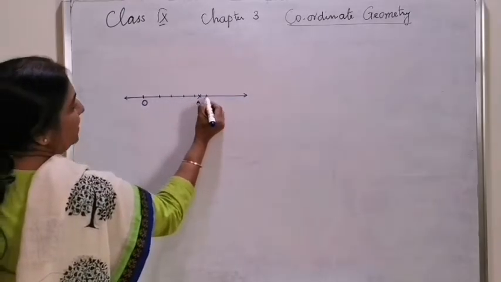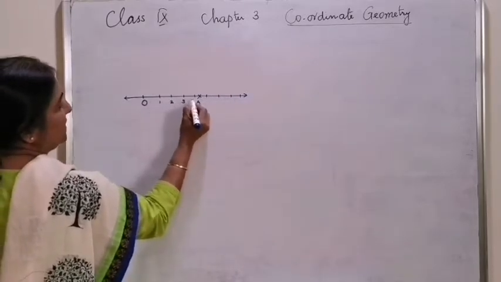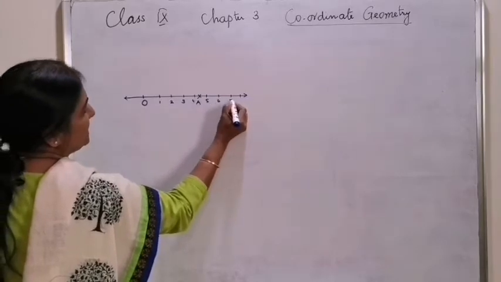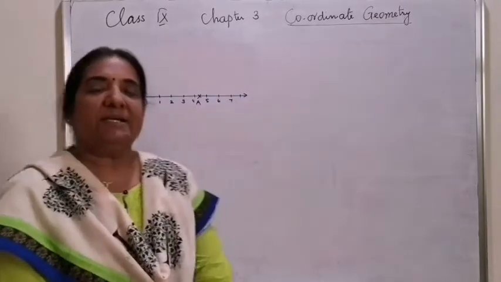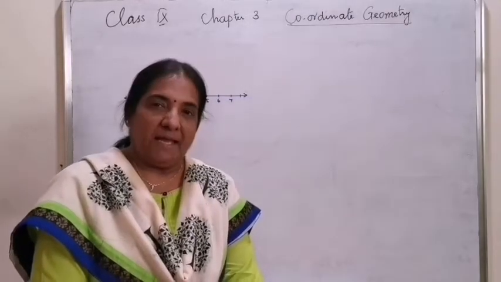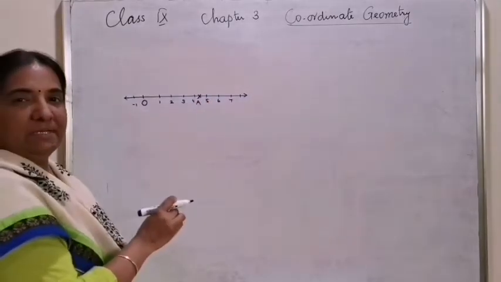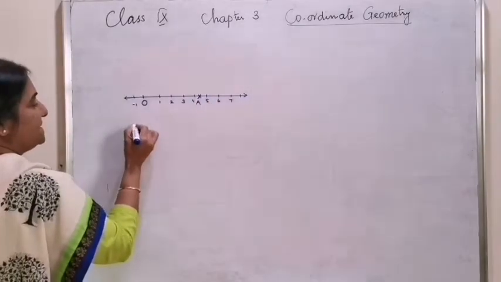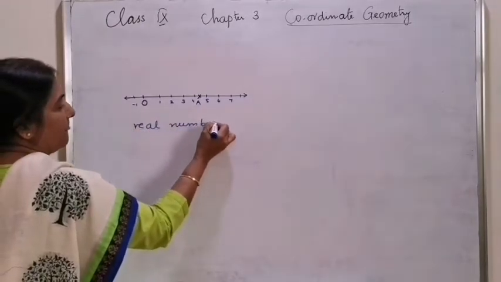You can plot 1, 2, 3, 4, 5, 6, 7, and to the left side you can plot negative integers, and the point A on this number line represents a real number.